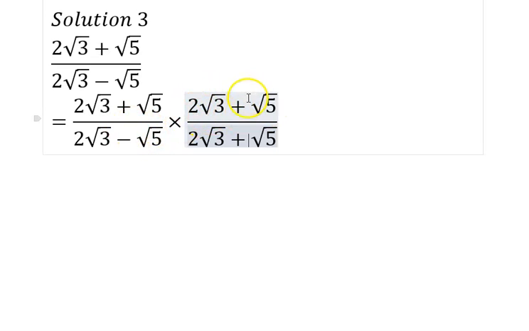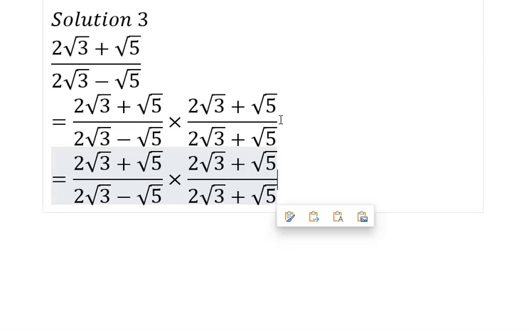Put it up here and down here. But while doing that, you change this sign to what? To plus. If it is plus we have here, you change it to minus. So let's now multiply out. And while doing your multiplication, you have to be very, very careful so that you don't make a mistake. So let's quickly do that.